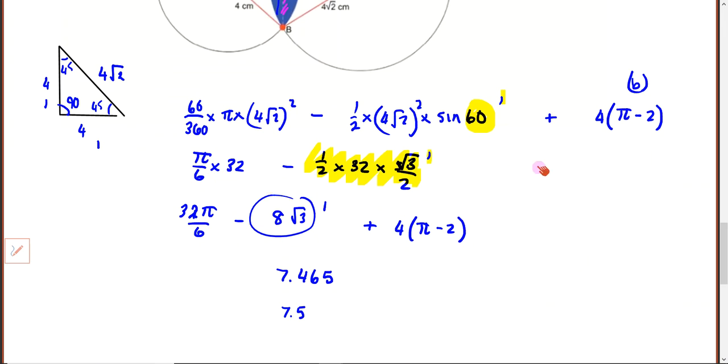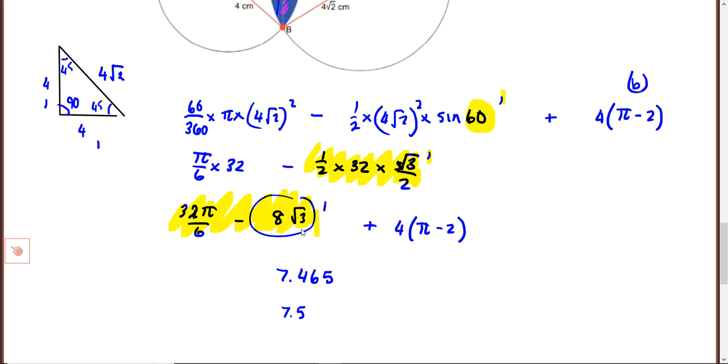Then there's one mark for doing this, one mark for doing the subtraction. Okay, the whole thing, if you're subtracting one from the other. Now I will tell you there's a word in there that you can look at. It says first mark for 60 degrees, second mark for working out the area of the triangle. It then says 16 pi over 3.